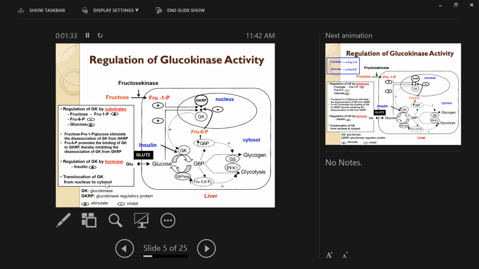And the substrates, how they regulate, like fructose 1-phosphate, fructose 6-phosphate, and glucose, right? And insulin, how this substrate and the hormone insulin regulate glucokinase. So basically, it regulates translocation, right, from the nucleus to the cytosol. This kind of process.